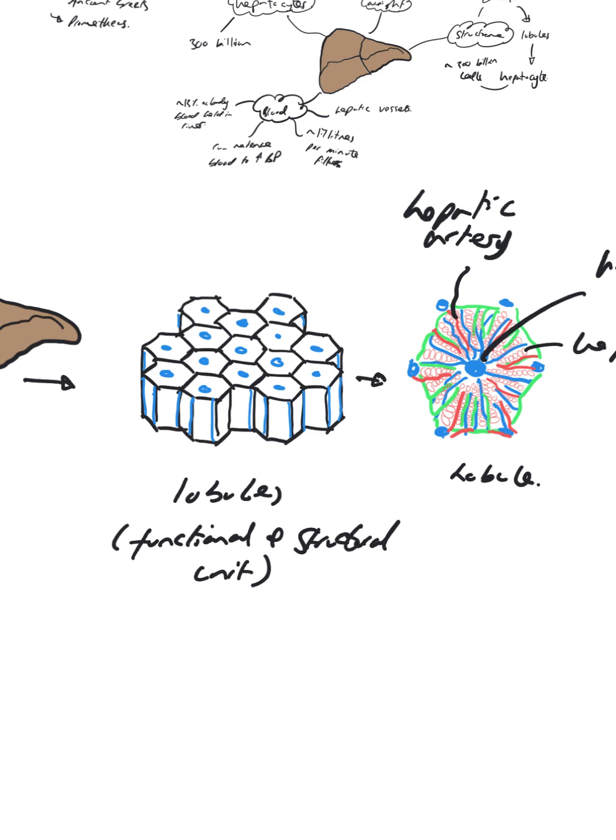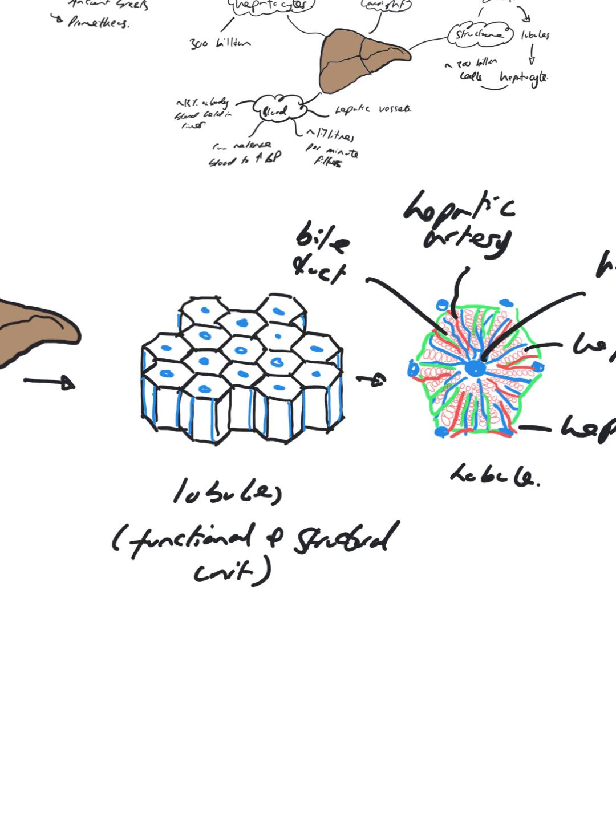We have the bile duct in green, and we will look at the canaliculi as well in relation to these. And then we also have the hepatic portal vein that we need to be recognising too.